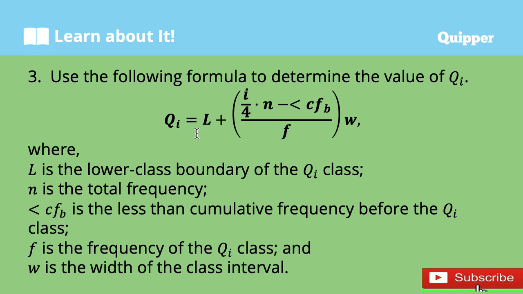Q sub i is equal to the lower class boundary of the Q sub i class plus i over 4 times the total frequency minus the less than cumulative frequency before the Q sub i class, over the frequency of the Q sub i class, and multiply it by the width of the class interval.